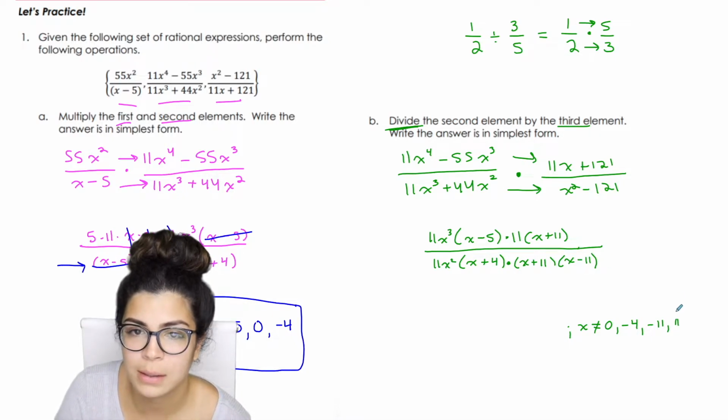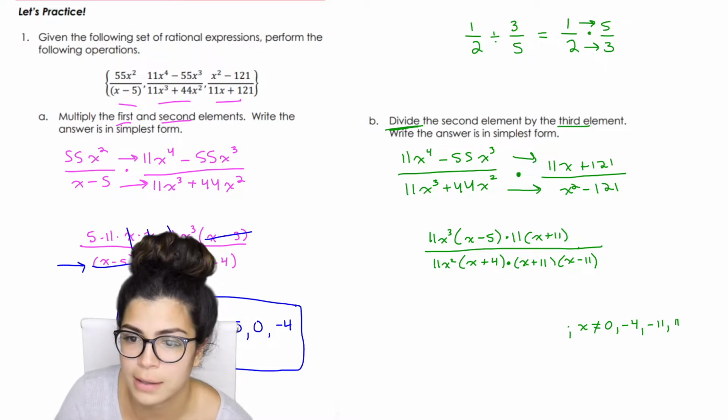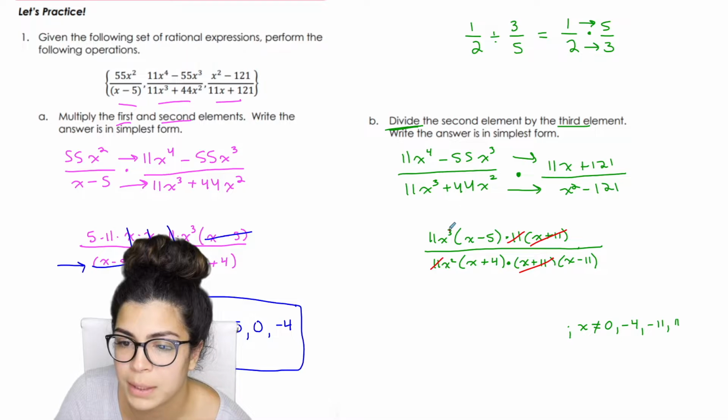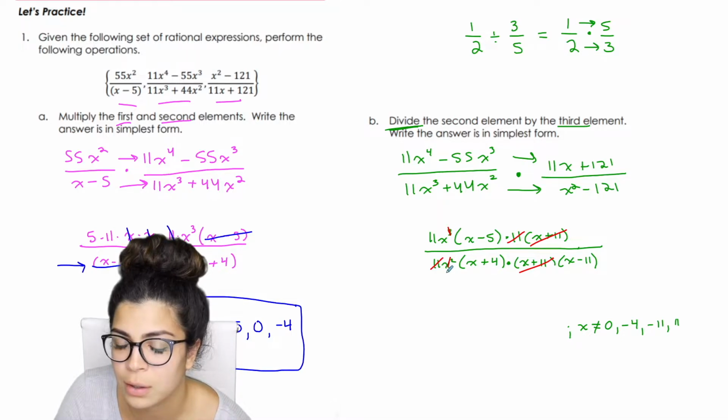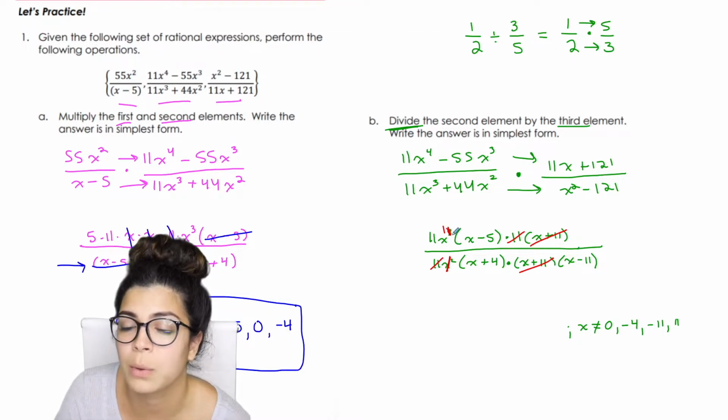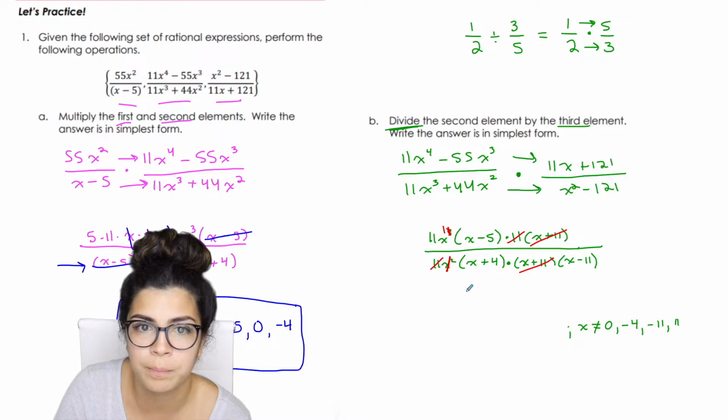All right, now let's go ahead and cancel out. X plus 11 divided by x plus 11, 11 divided by 11, and 2 copies of x cancel with 2 copies of x here, but there were 3 copies of x in the numerator, so that's going to still keep us with 1 copy of x in the numerator.